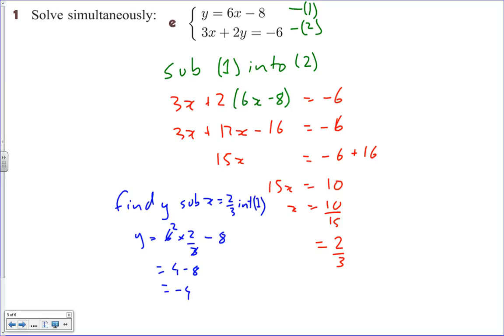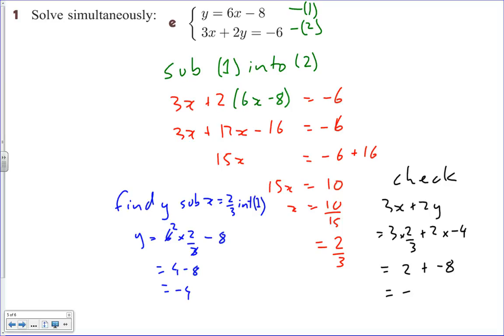Again, check. So check our answers. So we have 3x plus 2y equals 3 times 2 over 3 plus 2 times negative 4. So equals 2 plus negative 8 equals negative 6. What we're looking for.